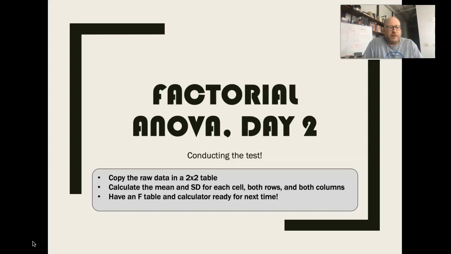You won't have to actually calculate sums of squares for this one. But having the raw data and the means and standard deviations there will be important to make sense of the things that we're doing. I'm afraid that if you didn't have that with you and weren't familiar with it, some of this would be pretty abstract. So get that ready and then we'll move on.